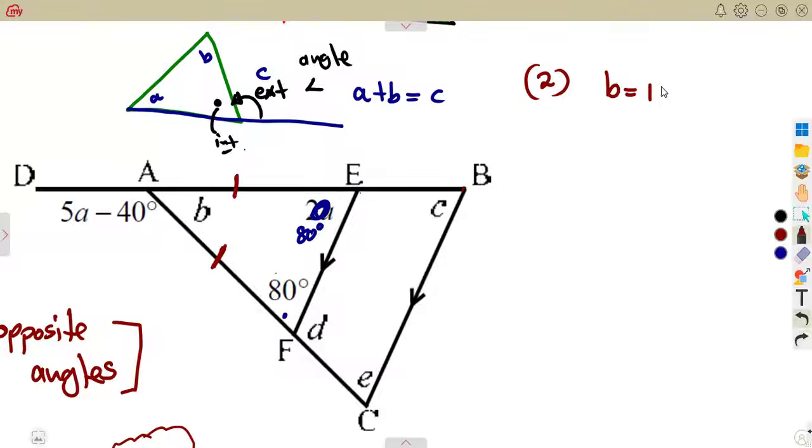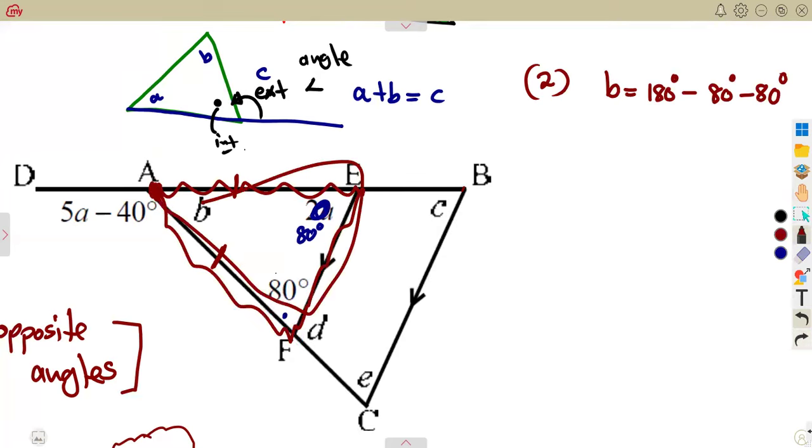So B is going to be 180 degrees minus these two angles that we are seeing inside of the triangle. We remove them from 180 since all the angles in a triangle add up to 180 degrees. There we are talking about triangle AEF. This is the triangle that I'm talking about.